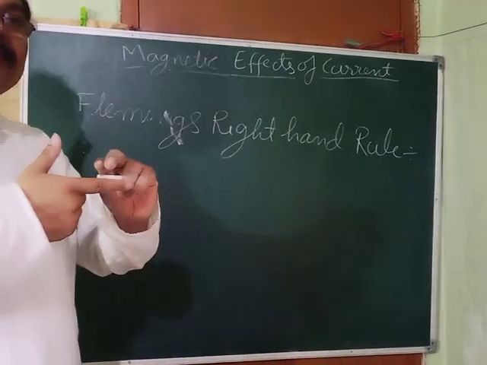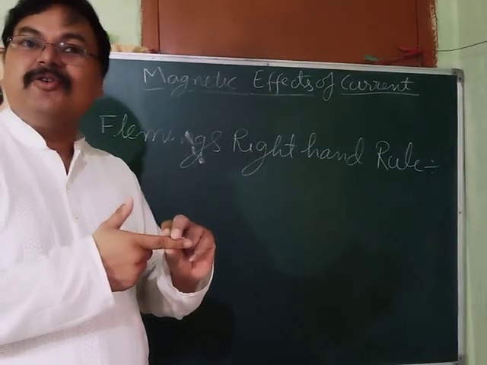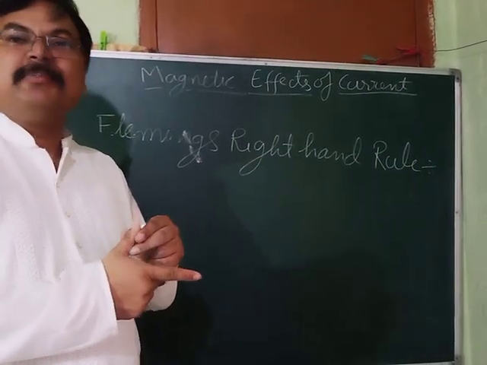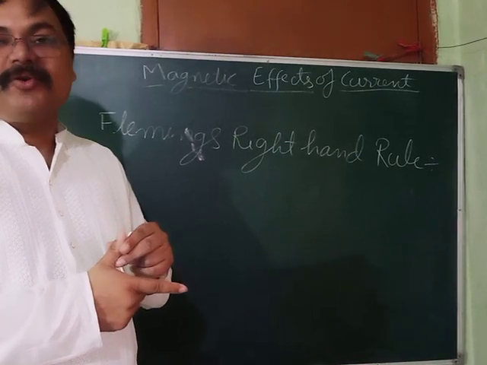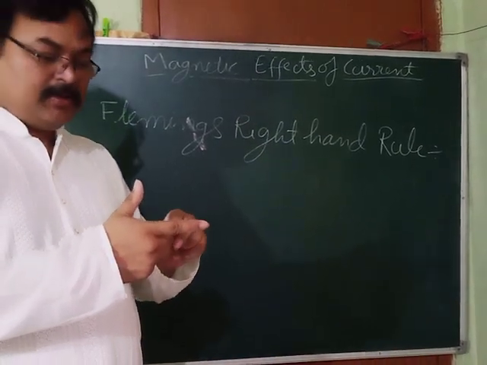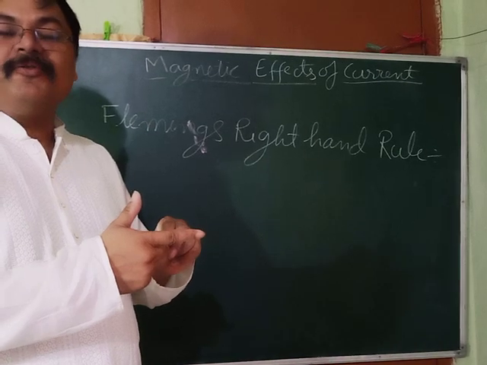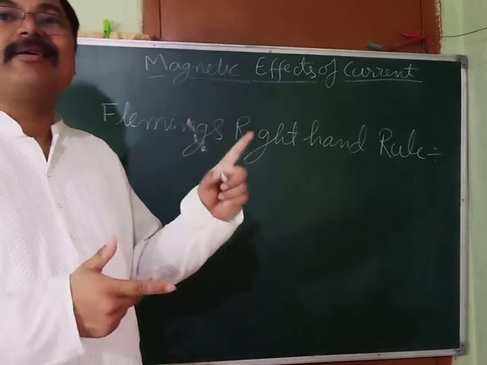Just remember, index finger is along the direction of magnetic field, thumb is along the direction of motion of the conductor, then the middle finger gives the direction of induced current in that conductor.